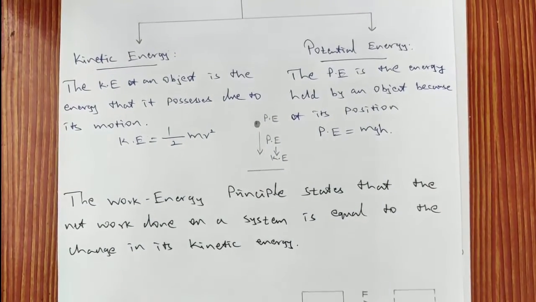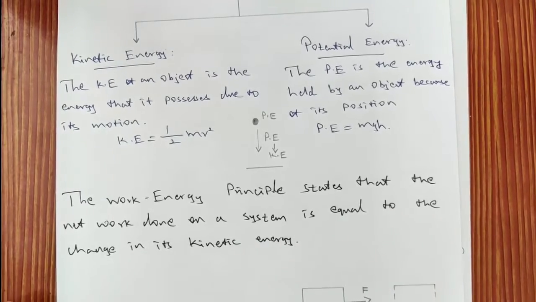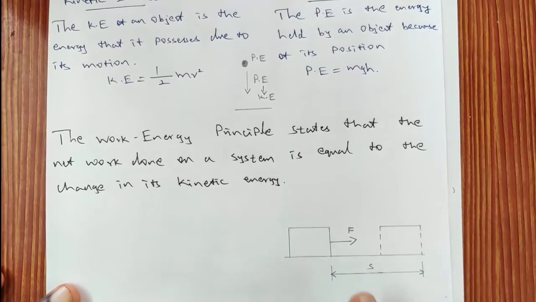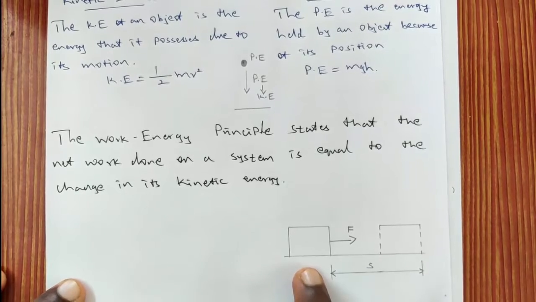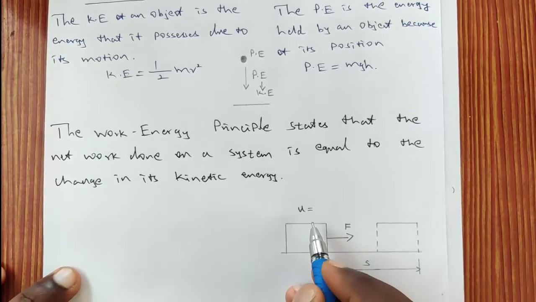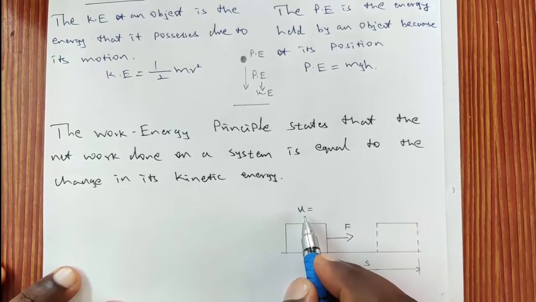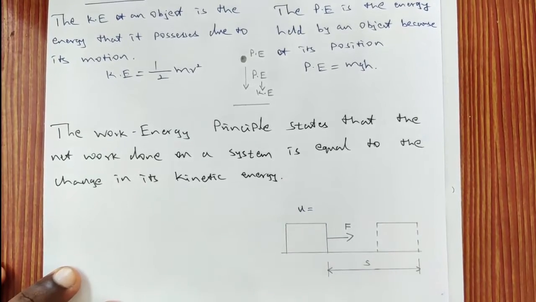Now, the principle of work energy states that the net work done on a system is equal to the change in its kinetic energy. So, consider a block. This block is acted on by a force F. Because of the force F, the block is moved through a displacement of S. At the first position, the block has a velocity of u, that is the initial velocity.